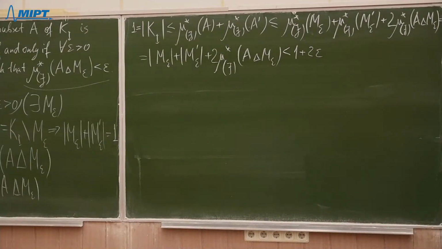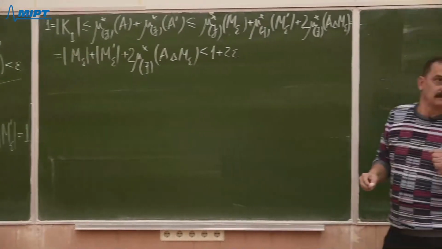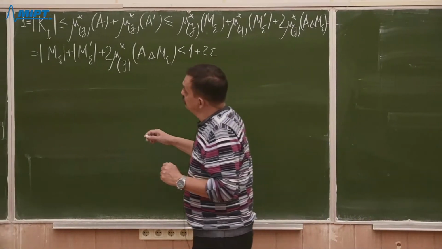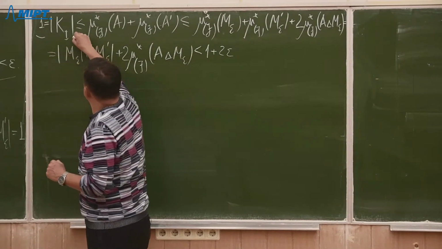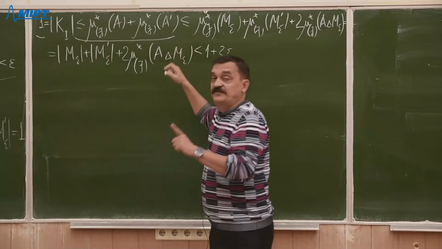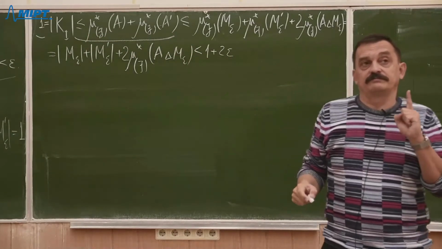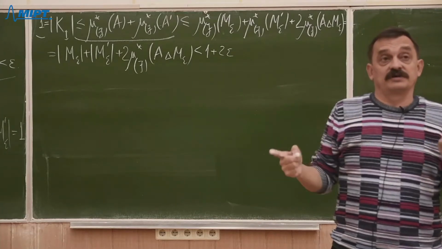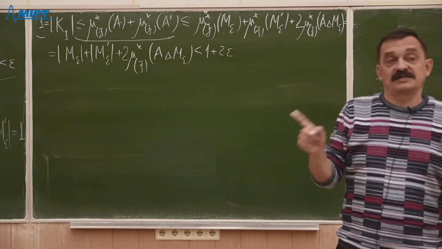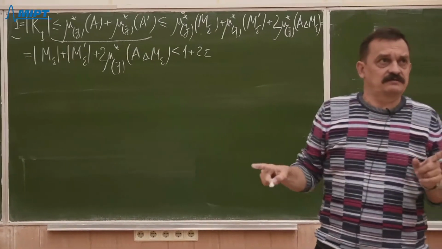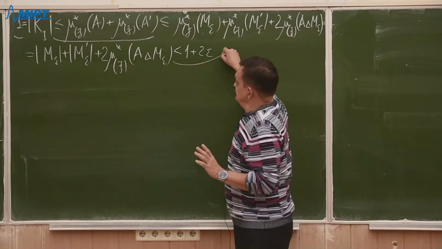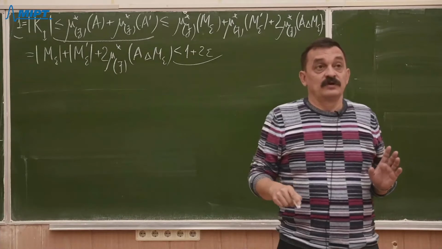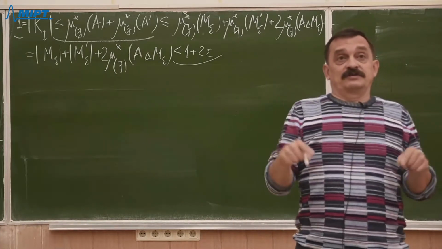Now look what we obtain. We have the inequality: 1 is less or equal than this sum of outer measures, a fixed number that doesn't depend on any elementary set, and it is less than 1 plus 2 epsilon, for arbitrary epsilon greater than 0.